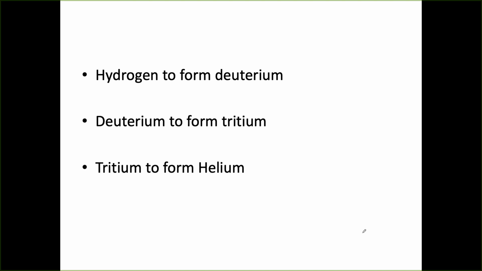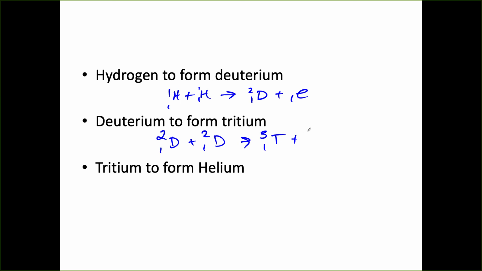All right, I forgot to delete this slide, but basically hydrogen plus hydrogen will get deuterium. Then, as part of the process, you can get two deuteriums to form tritium, and you get a proton emitted.